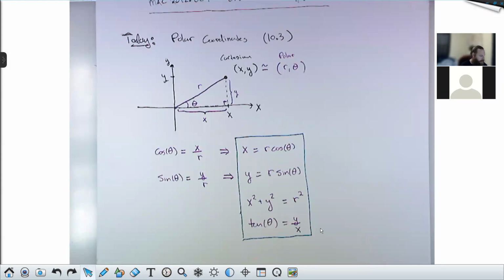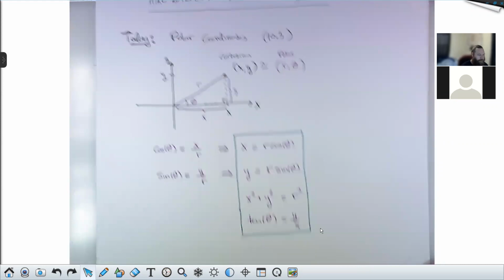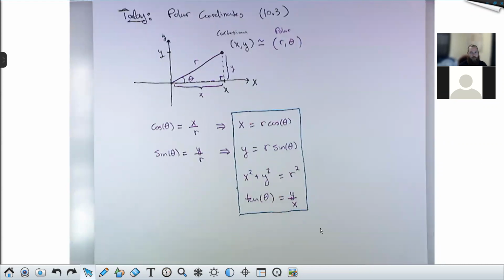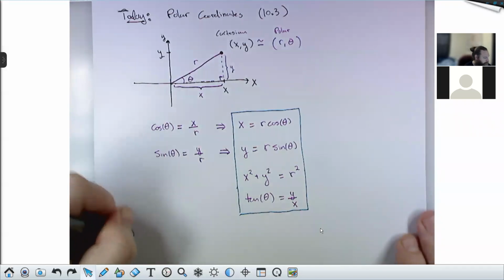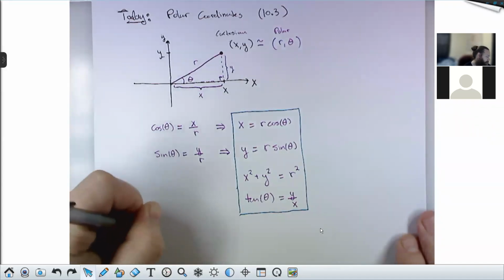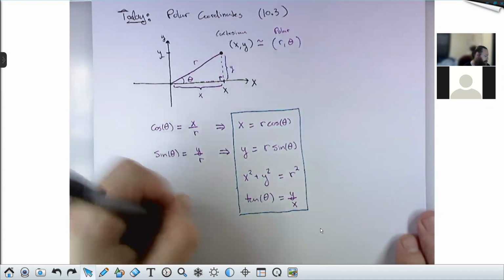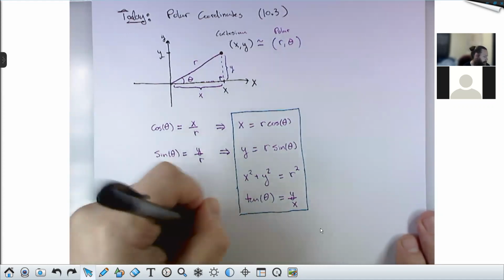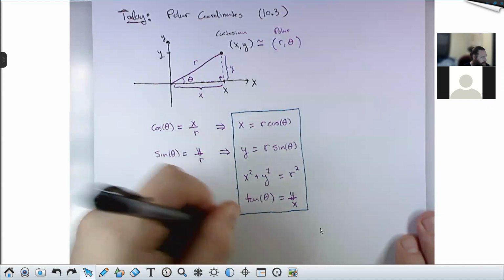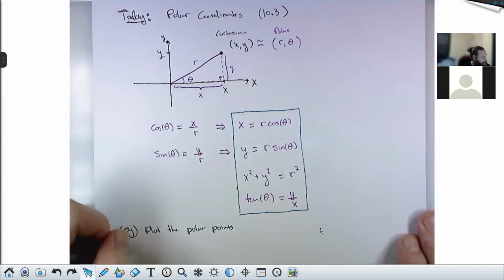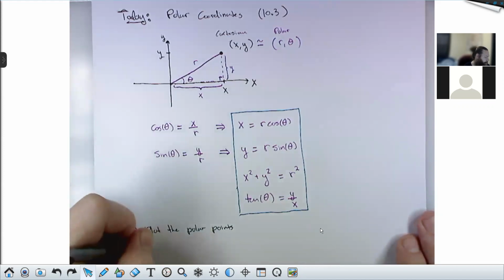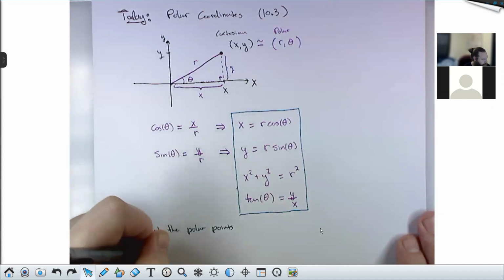The first thing I'd like to do is get a little bit of practice plotting some points in polar coordinates, and then we're going to practice going back and forth from polar to Cartesian, and vice versa. Let's plot the polar points. How about (2, pi)?